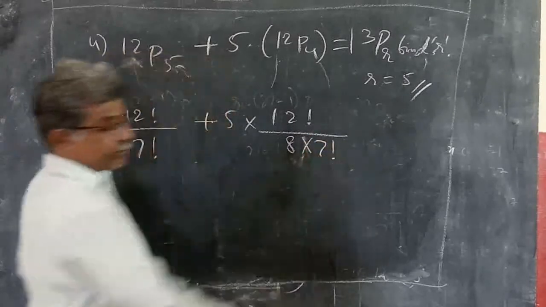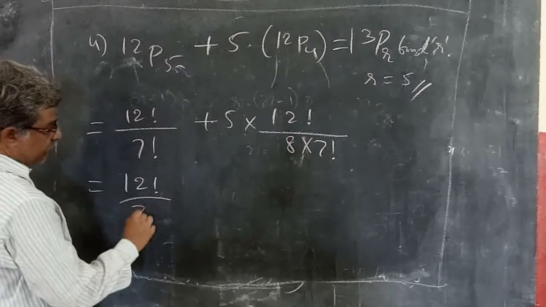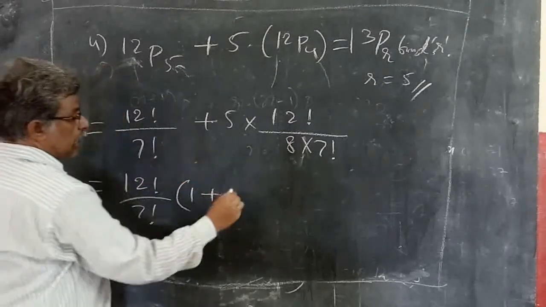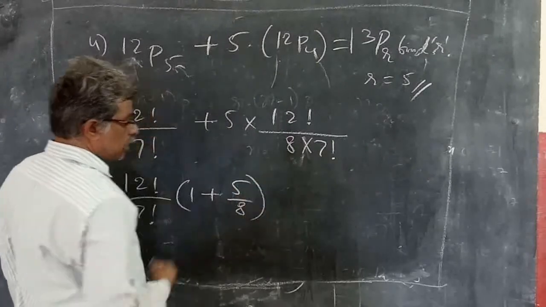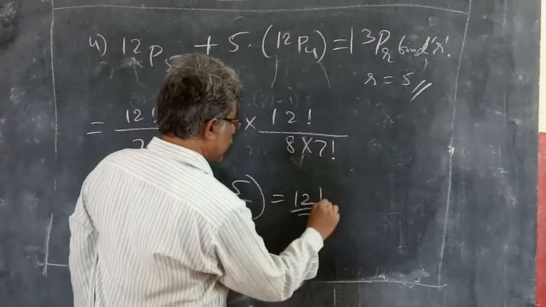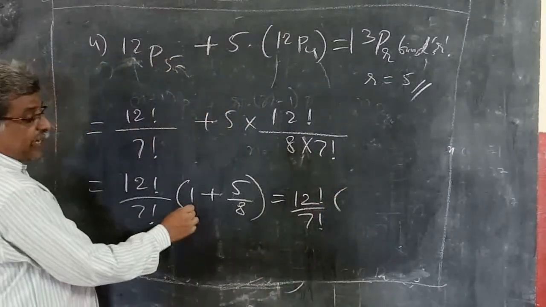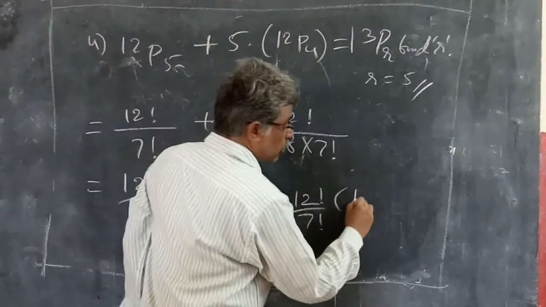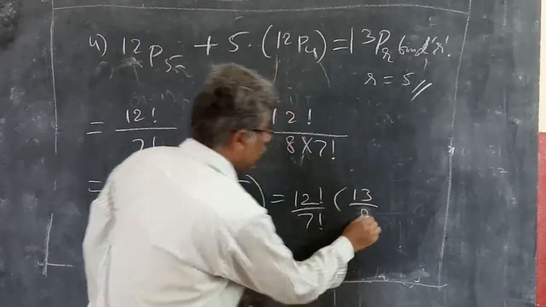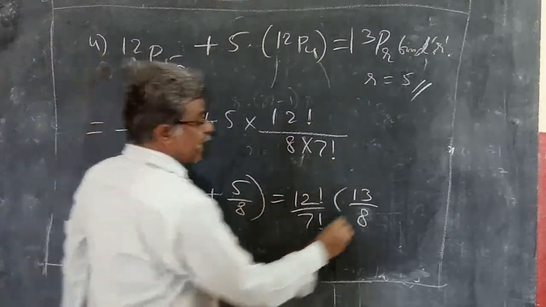If I take 12 factorial by 7 factorial common, left out is 1 plus 5 by 8. So this is 12 factorial by 7 factorial into, taking LCM 8, 8 plus 5, 13 by 8.